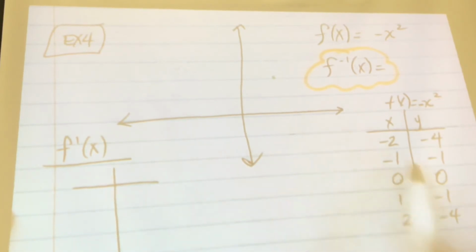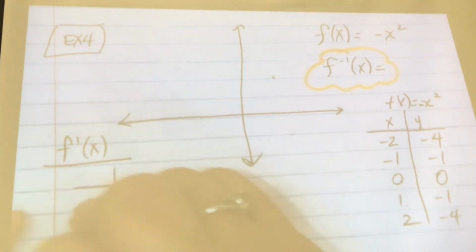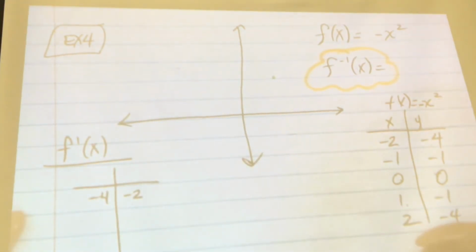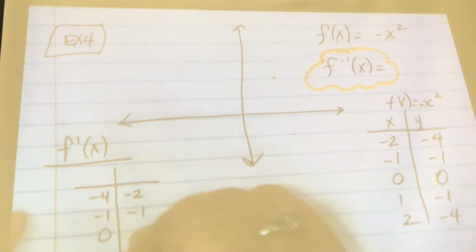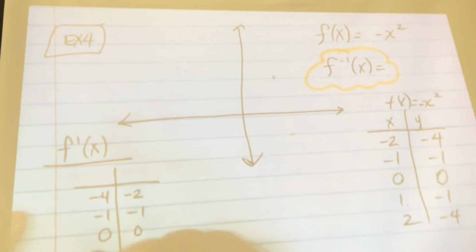What's the first point right here? Negative 4, negative 2. Then I'm going to do negative 1, negative 1. Then 0, 0. Then negative 1, 1. Then negative 4, 2.